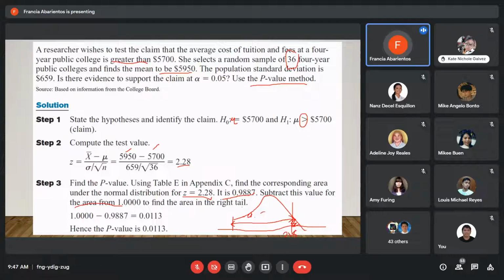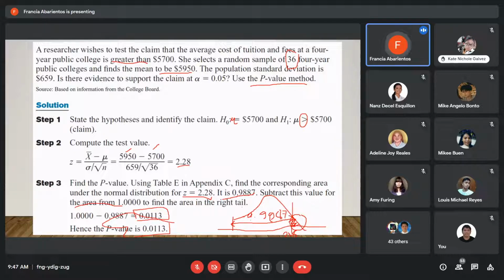Since this is a right-tailed test, yung isusubtract natin siya sa area na 1. Matitira, that is now your area. Therefore, class, kung ano yung nakuha natin, siya na din yung p-value natin, which is 0.0113.